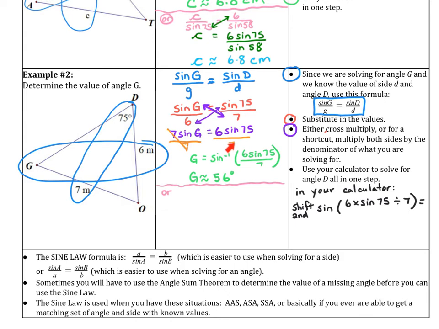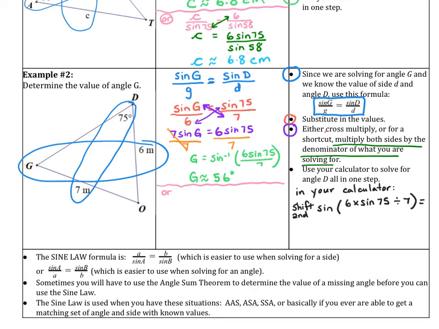So to do a half cross multiply, you can just multiply both sides by the denominator of what you're solving for. So a half cross multiply would mean you would just take the 6 and multiply it. So multiply both sides by the denominator here. If you multiply this by 6, the 6 cancels, and if you multiply this by 6, it's 6 times sine 75.